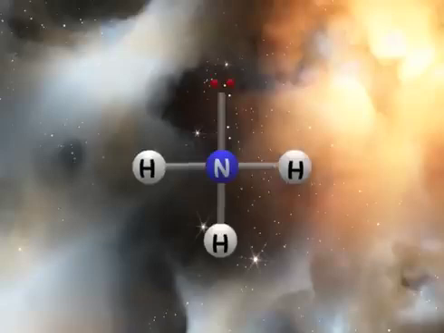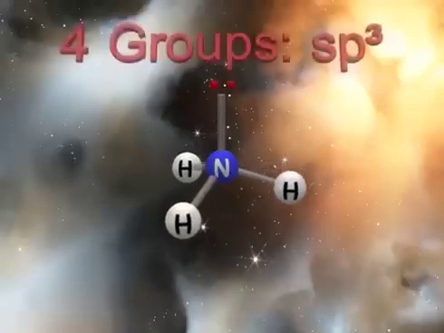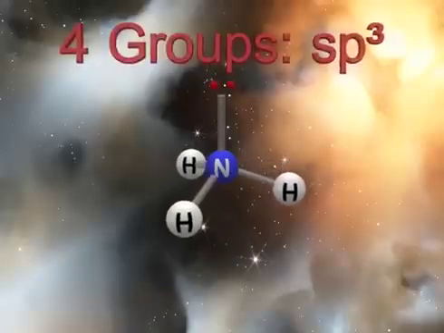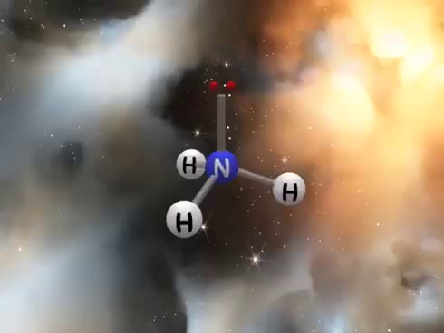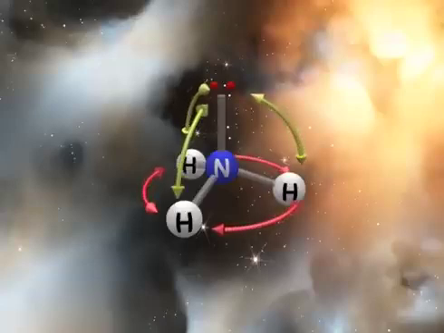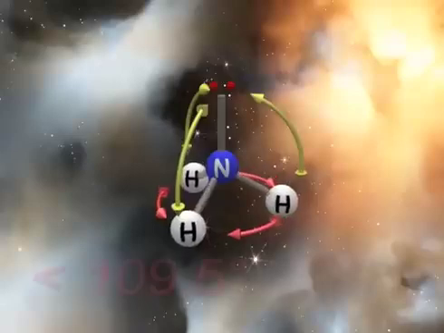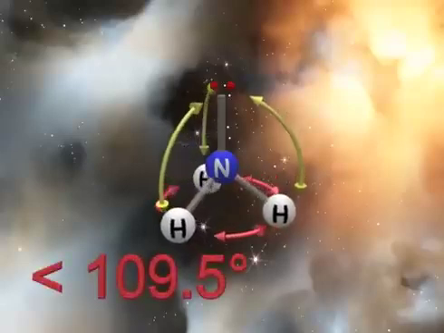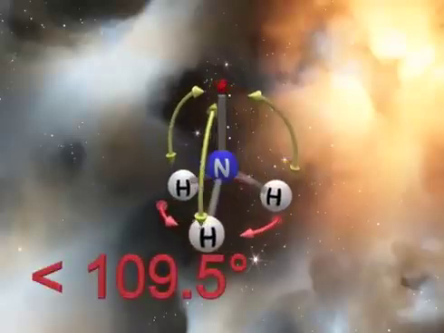The sp3 hybridized nitrogen within the ammonia molecule has 3 lone pair-bonding pair interactions, which will cause the 3 hydrogen atoms to become closer than their ideal bond angle of 109.5 degrees, about 106 degrees.